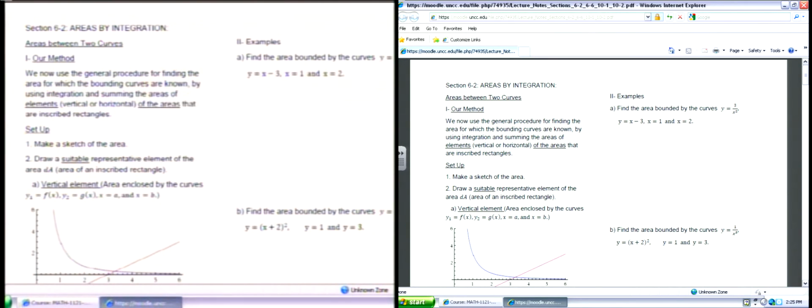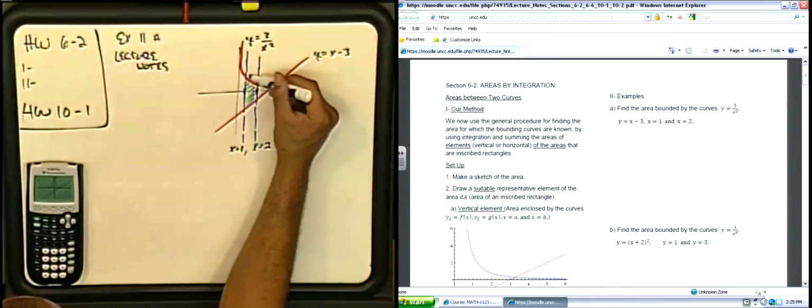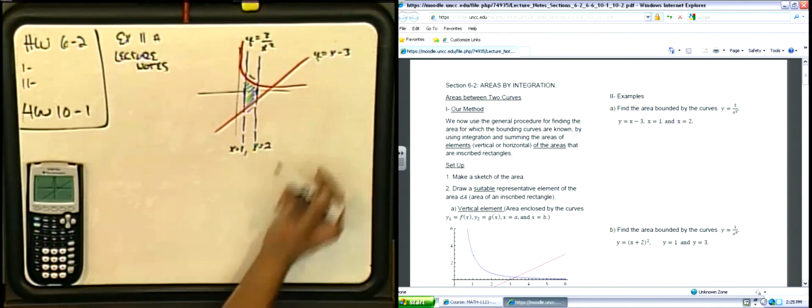And you're always going to subtract the upper, which is right here, minus the lower.